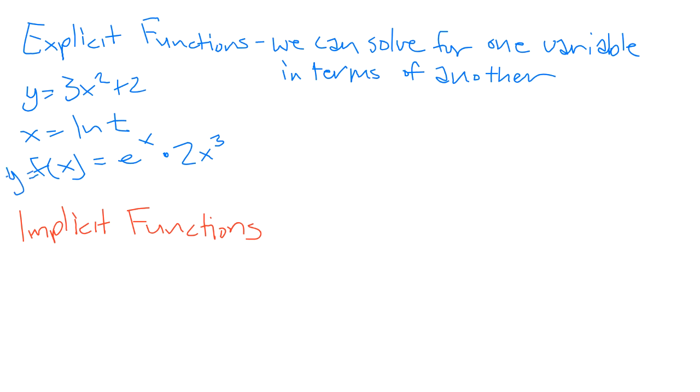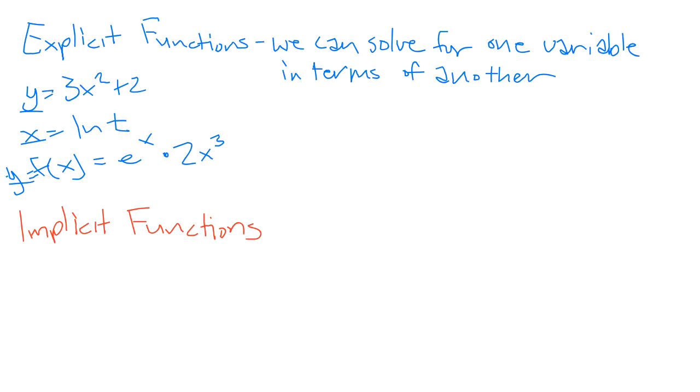Like I said, regardless of what we plug into that function, we can get a direct number out, and we always just have one value out here. We only have y, and just y is set equal to a function, or x is set equal to some function of t.